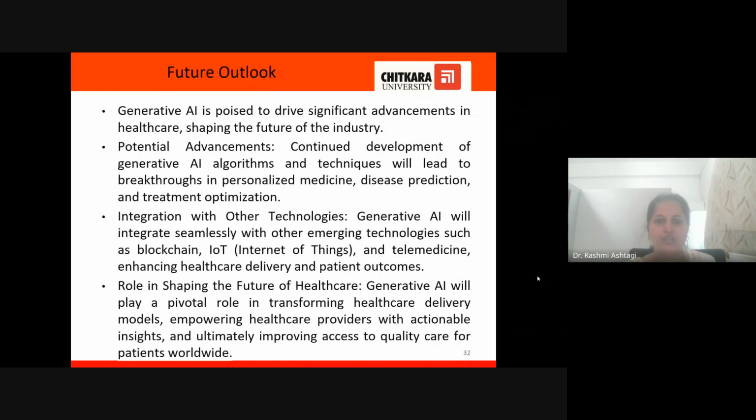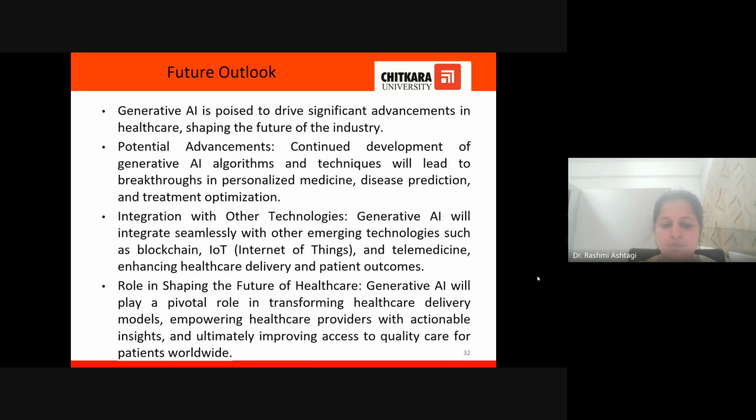So, future outlook. It is significant for healthcare, and we know we do not have a very good healthcare system, so we can think of these things. We can have personalized medicine, disease prediction, and more optimized treatment. We can have the Internet of Things, that is, the wearables I have shown you, that sort of IoT can be done.